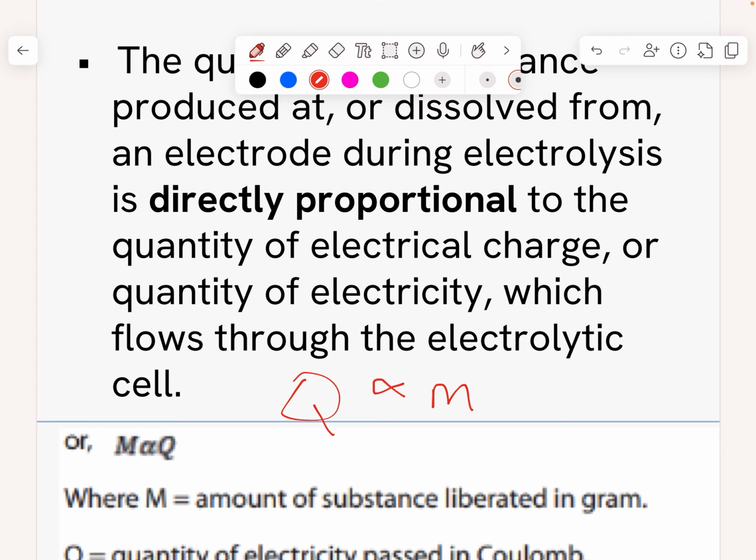So Q is directly proportional to m, where Q is the quantity of electricity, and that's a capital Q. And this small m here represents mass.